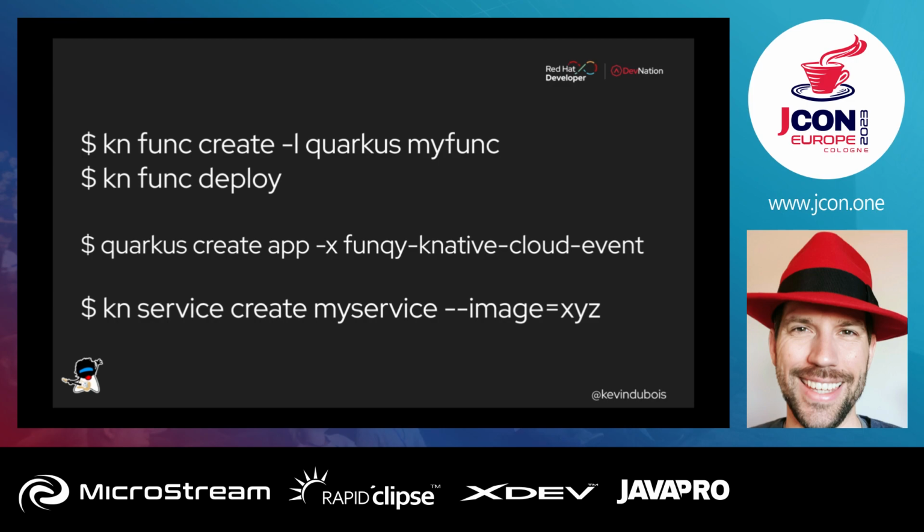Or you can use Knative also for more than just functions, of course. You can create containers with Knative as well. So you can do kn service create, some name of your service, supply an image that you've built and ideally pushed somewhere, and then Knative will take care of creating the deployment, the service, exposing your service, that in Kubernetes you would need to do in 3 different steps, right?